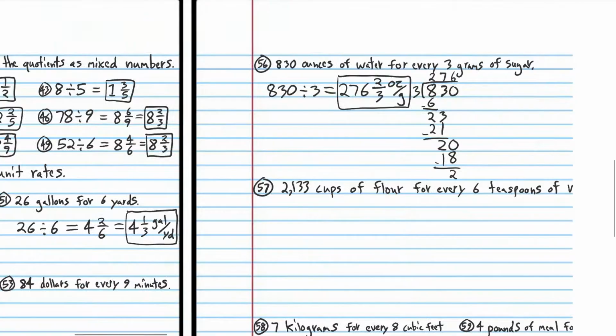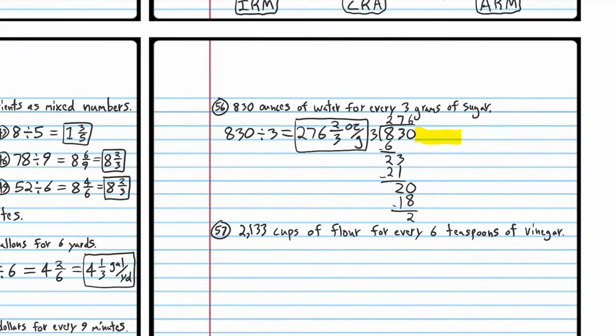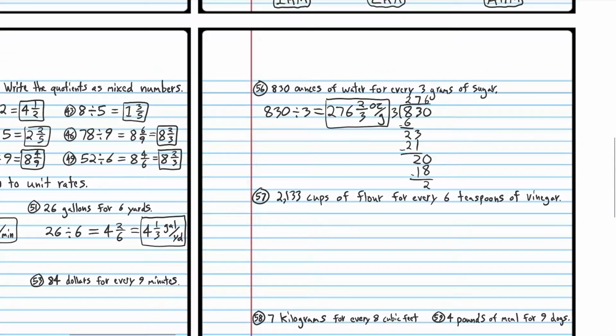So same situation here. Again, in the other problems, we would just write R2, remainder 2. But in these problems, we don't want to write R2. We want to write a number that we can use in calculations. So we write 2, and then the divisor in the denominator, and we have a mixed number.